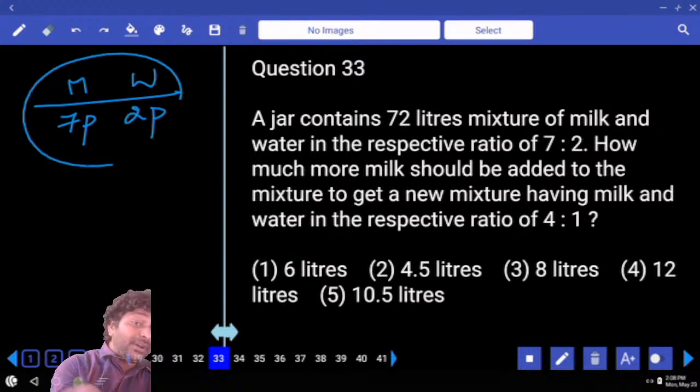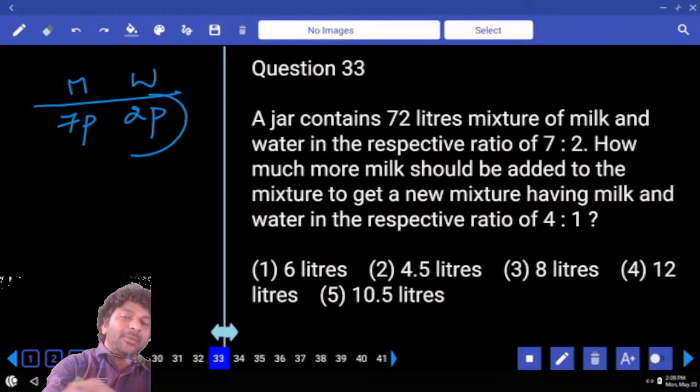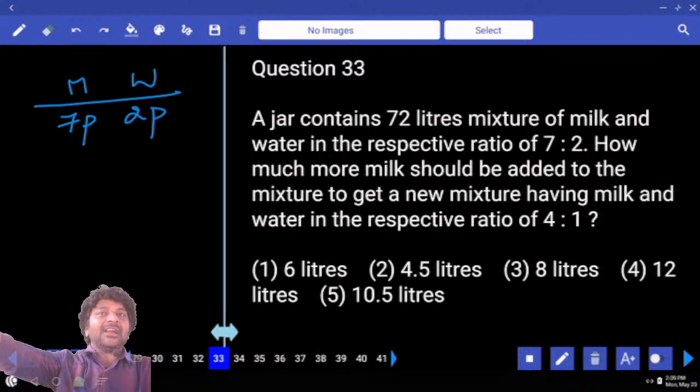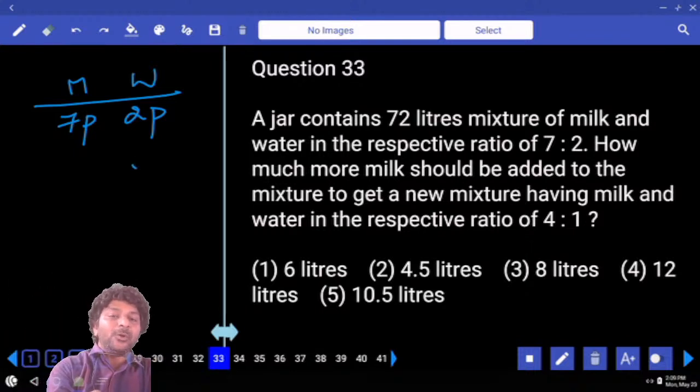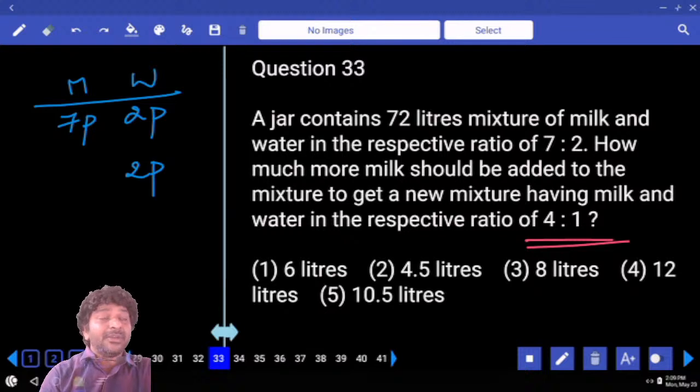To this component, if you add something which is milk, water must be constant. Initially, how many parts of water do we have? 2 parts. Even in the final container we should have 2 parts of water. But finally the ratio between milk and water is 4:1.